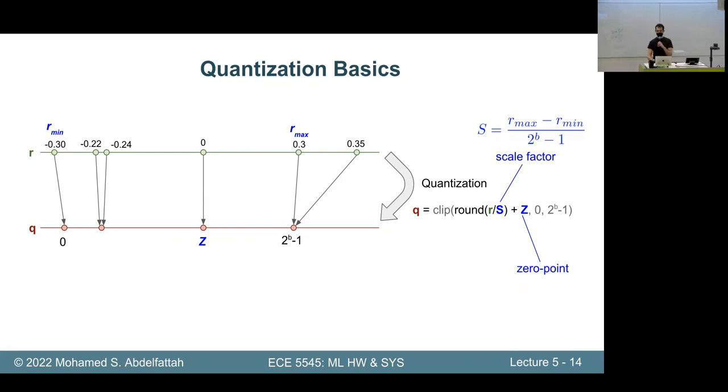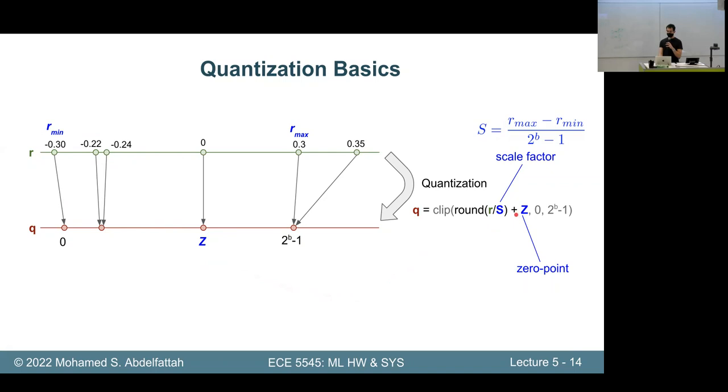What this is doing is changing the range of my numbers from whatever range they have, which is Rmin to Rmax, to my new range, which is 0 to 2 to the power of b minus 1. So that's my new range, and this is my old range. I'm just creating a one-to-one mapping. I used to have 0.3, and I want to represent it using 8 bits. Because this is the maximum value, I'm representing it by that maximum value.